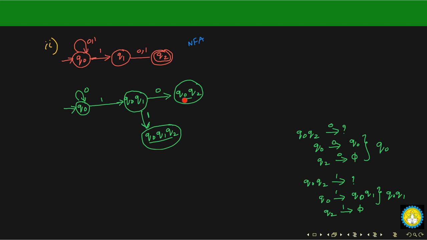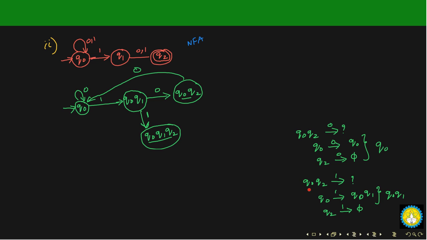So let me fill in those transitions and then continue. We are doing the transition for Q0 Q2 here. Q0 Q2 upon 0, we got Q0. You can verify this. So let me draw the transition. Q0 Q2 on 0 gets me back to Q0.